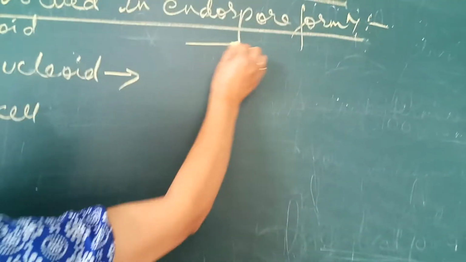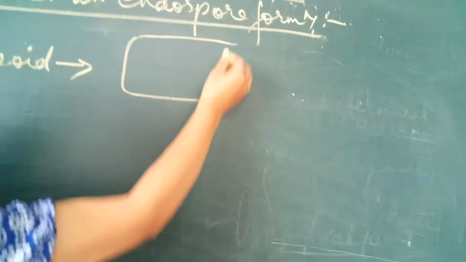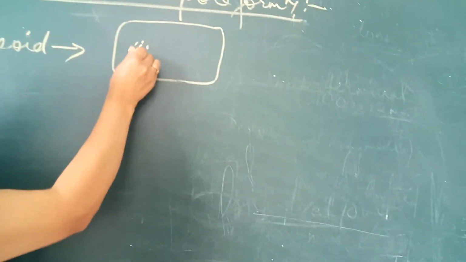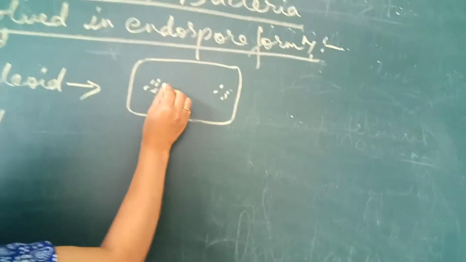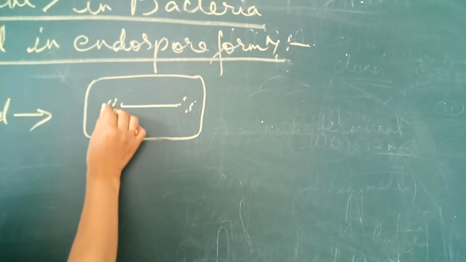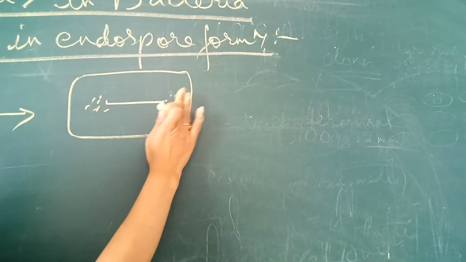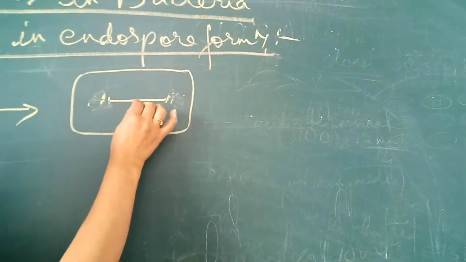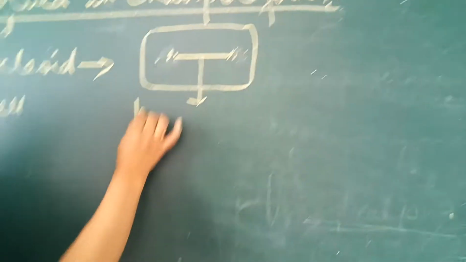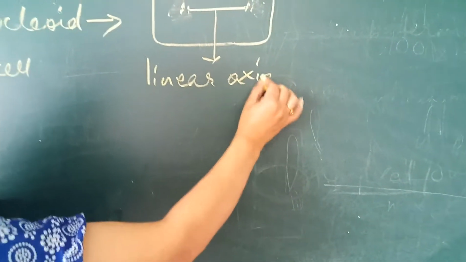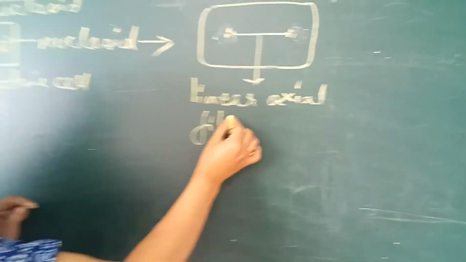It will join together, arrange itself, and form a linear axial filament.